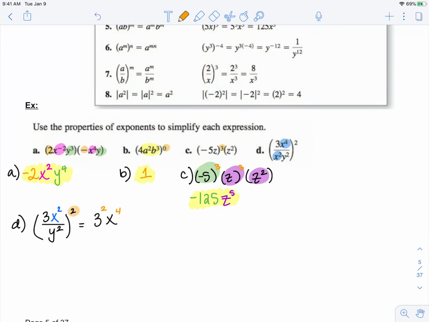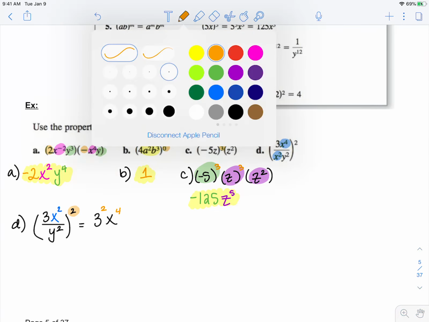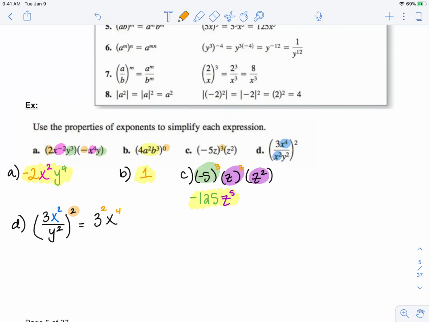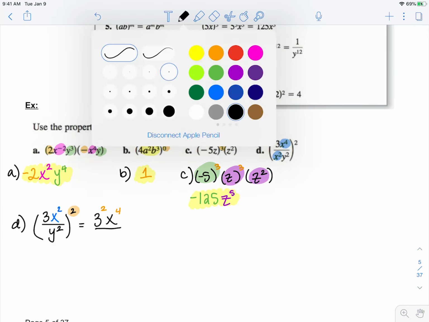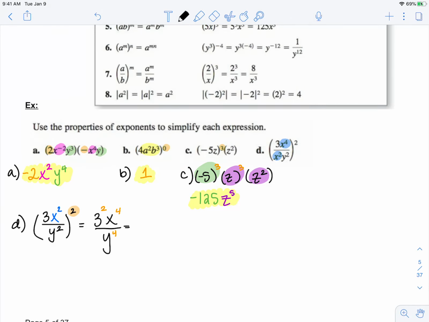So that's x to the 4th. Same thing in my denominator. If I have y squared squared, that becomes y to the 4th as well. And now I simplify more. 3 squared is 9. X to the 4th over y to the 4th.